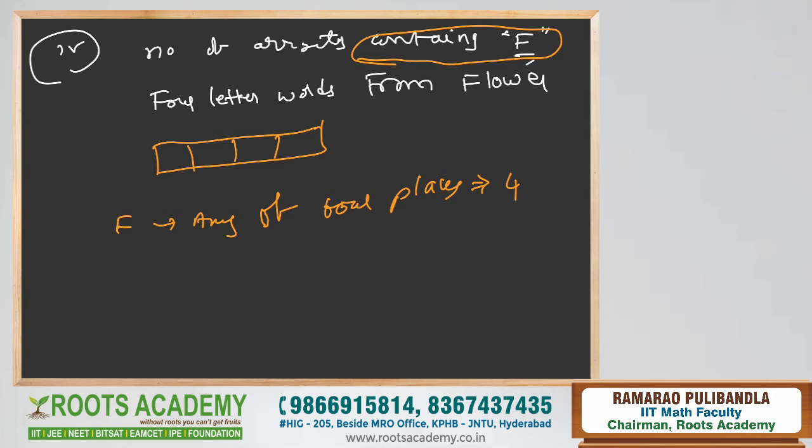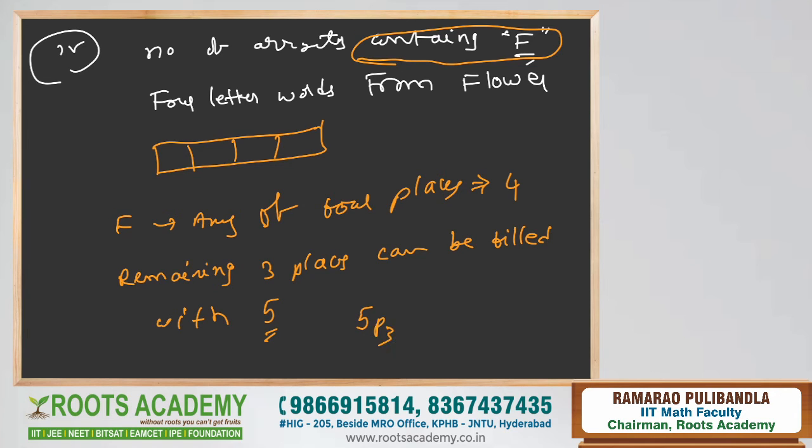Right. Next, 3 places will be there, and 5 letters will be there. So the remaining 3 places can be filled with the 5 remaining letters. That can be done in how many ways? 5P3 ways. So the total is 4 into 5P3.